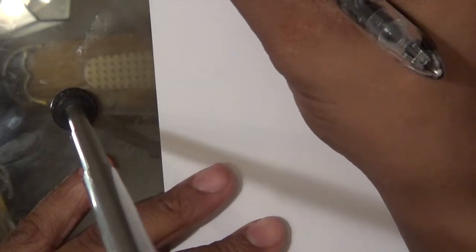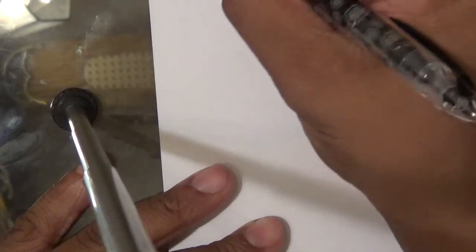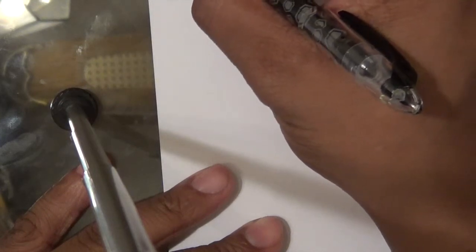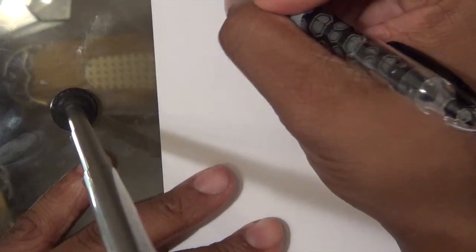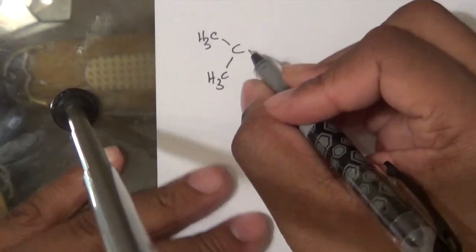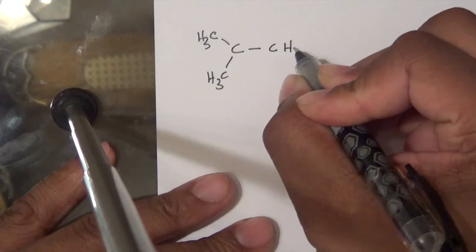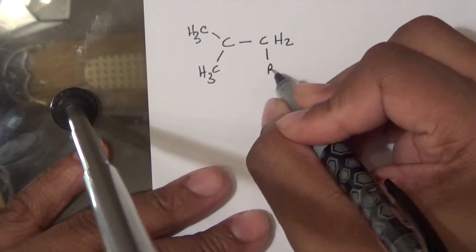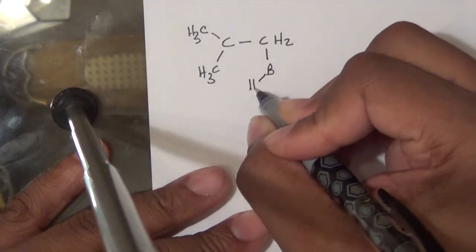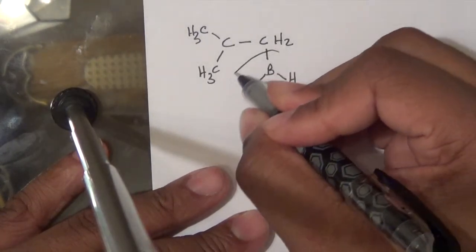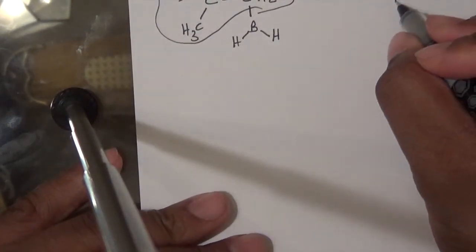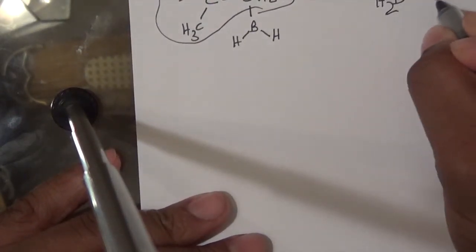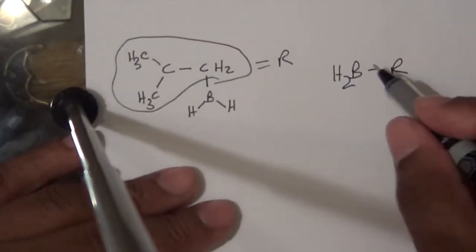So taking our alkyl borane that we have, this right here is going to equal R. Okay, so we're going to say BH2R, an alkyl group.